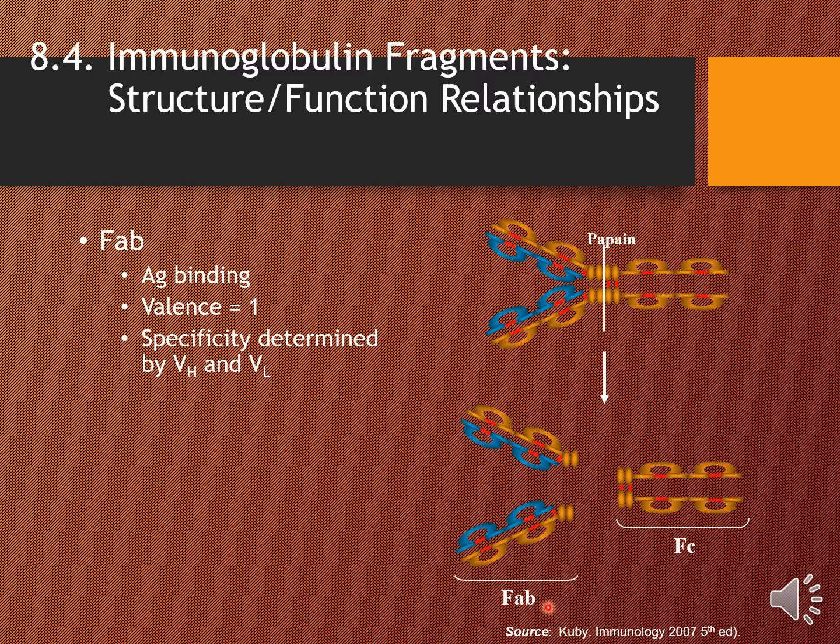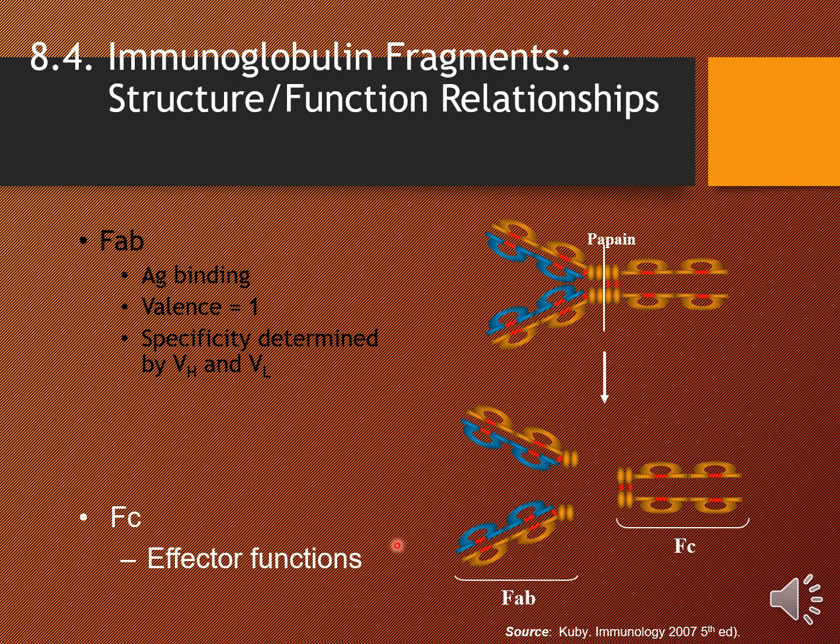The FAB meaning antigen binding, and the FC meaning fragment crystallizable. So this FC region can actually have effector functions, for example, complement fixation and placental transfer.